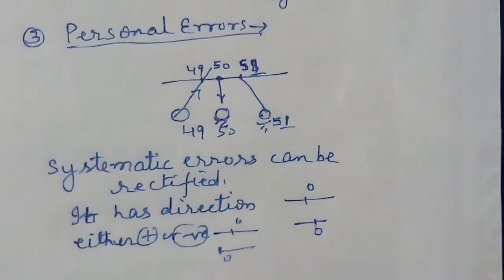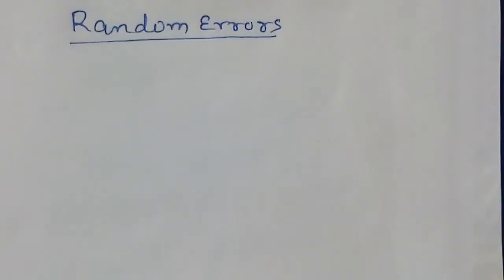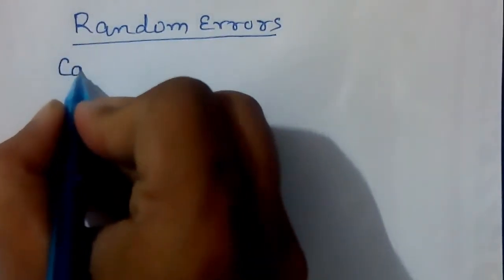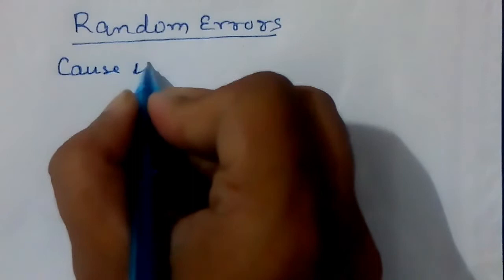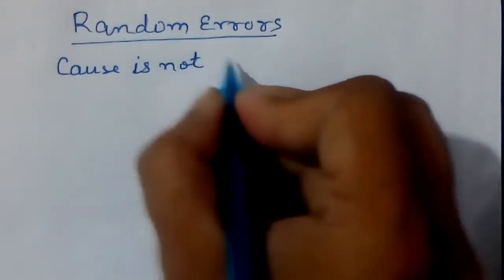So these are the concepts of systematic errors. Now we are going to discuss another type, that is random errors. Random errors, as we have discussed, are those whose cause is not known to us.